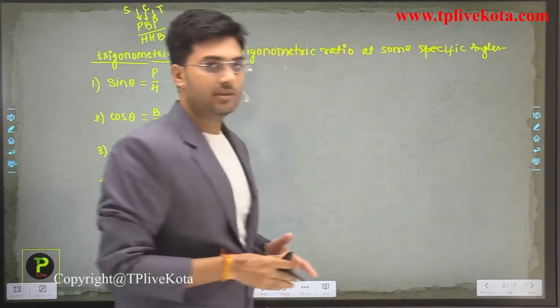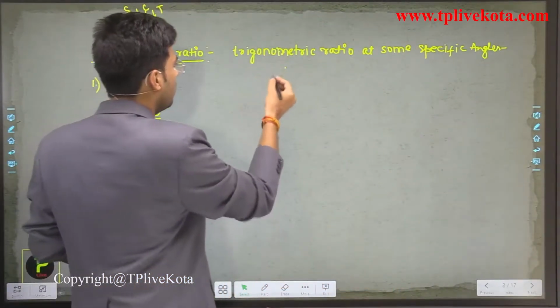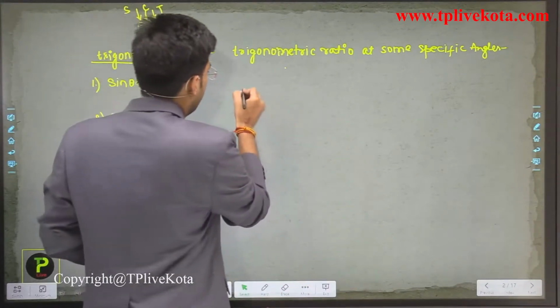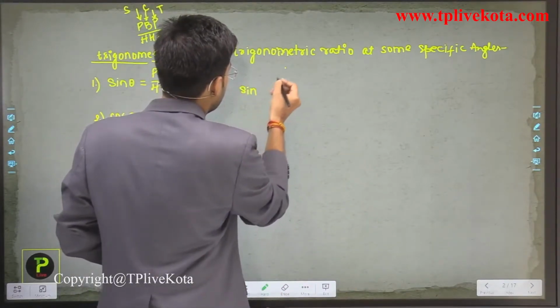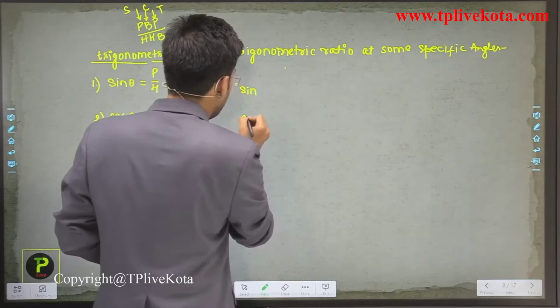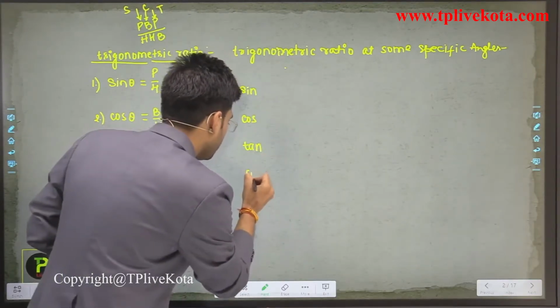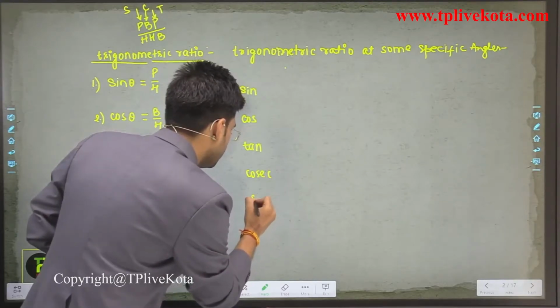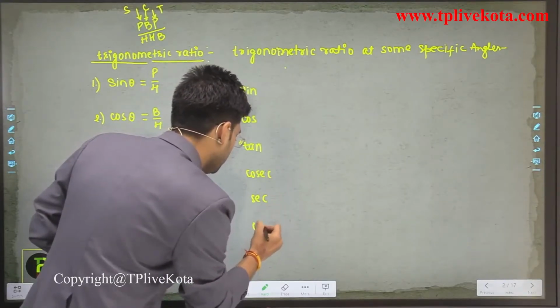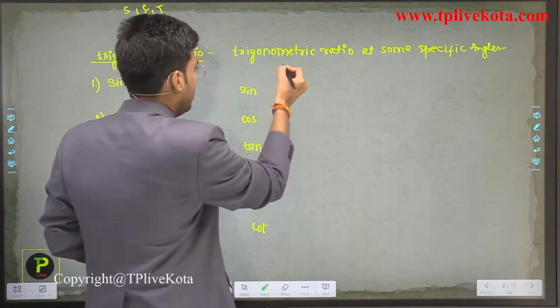We already discussed this. Let's revise all the values. So if we talk about sin, cos, tan, cosec, sec, cot at 0 degree.